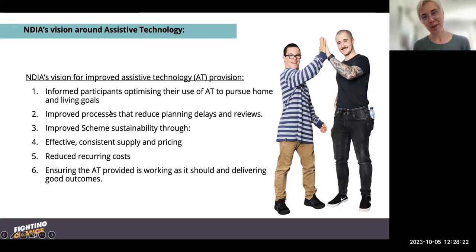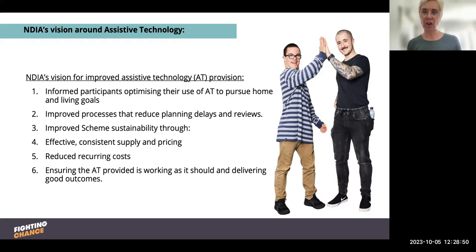They're trying to improve processes to reduce the delays. And if you've gone through assistive technology over the years with the NDIA, there have been significant periods of delay. It has improved, and since they've added the mid-cost, it has improved a lot more, in terms of the mid-cost money is in there, and you've got a bit more flexibility with it to get things approved quicker.